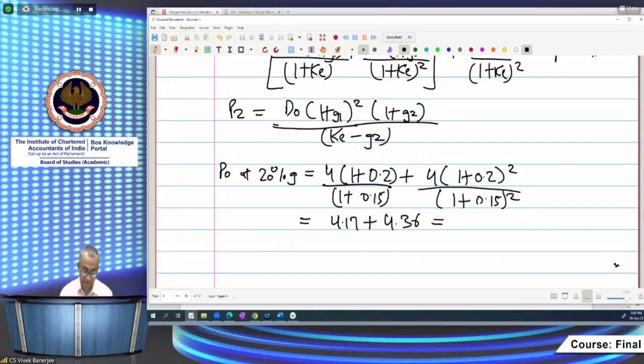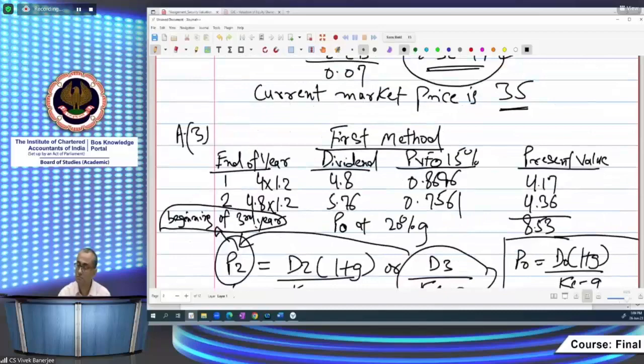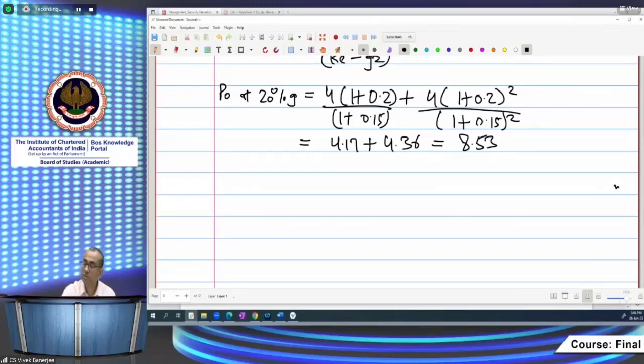So let us add these figures, coming to 8.53, or 8.52. Earlier it also came to 8.53. So P0 at the 20% growth rate is 8.53.